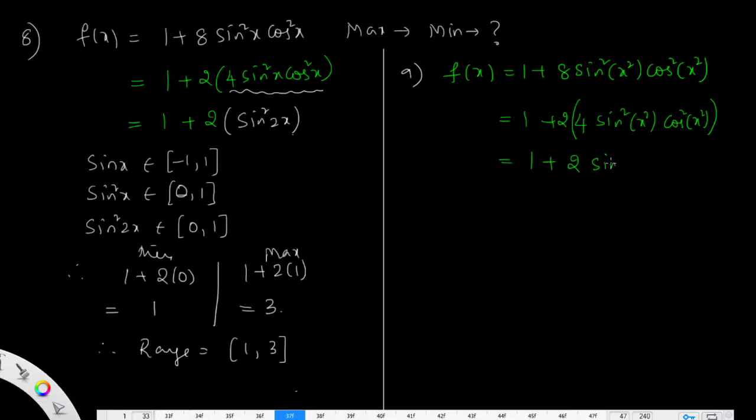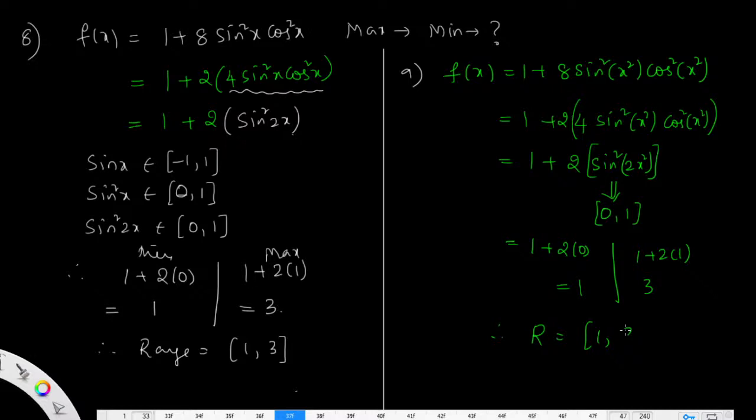Sin square of 2 of x square is only the angle. So this lies in the interval 0 comma 1. So that is 1 plus 2 into 0 as well as 1 plus 2 into 1. That is also 1 comma 3. So therefore the range is equal to 1 comma 3 only.